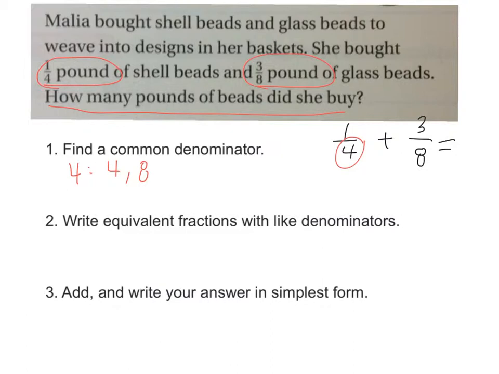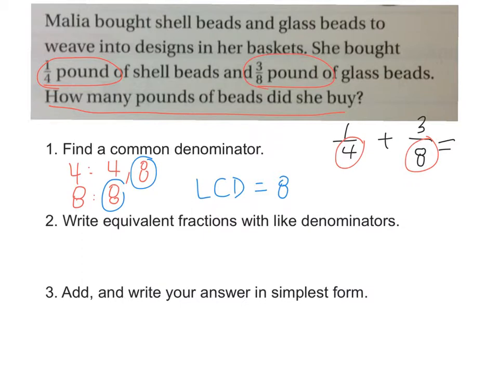Can I stop? The second denominator is 8, and let's list some multiples of 8: 8. Can I stop? Did I find a common denominator? Yes. The common denominator is 8, so the LCD is 8.